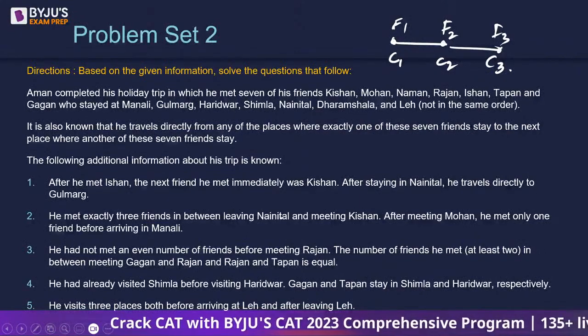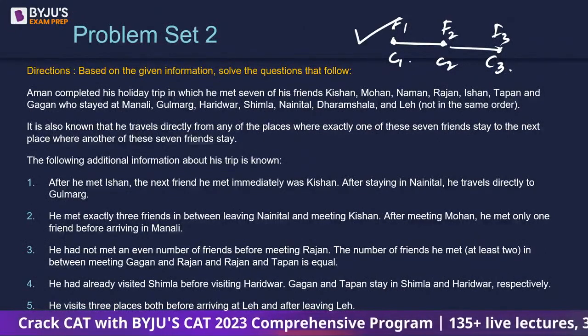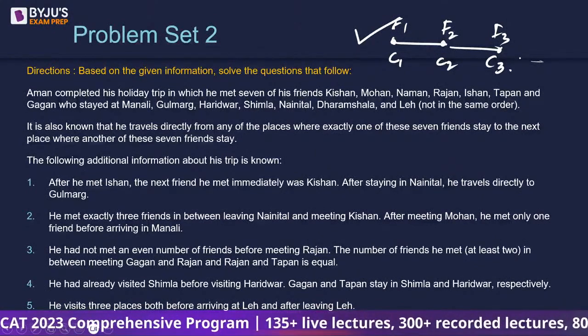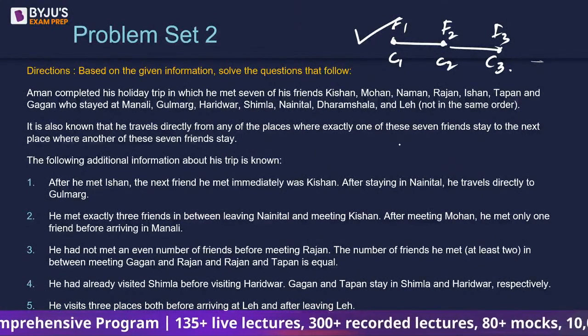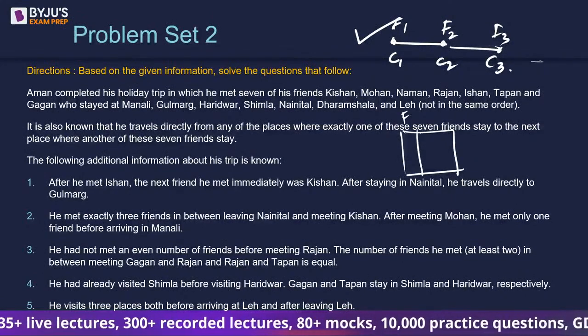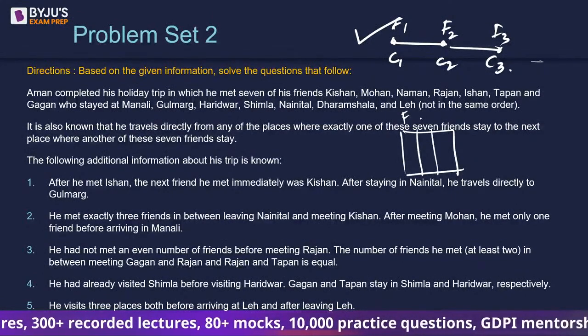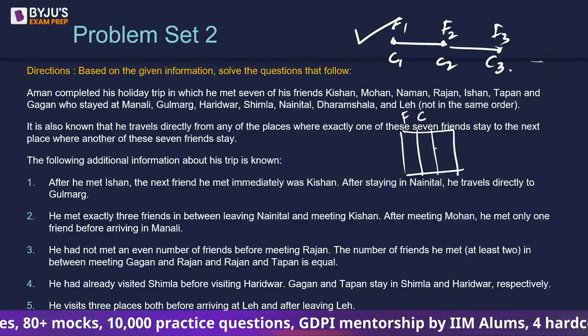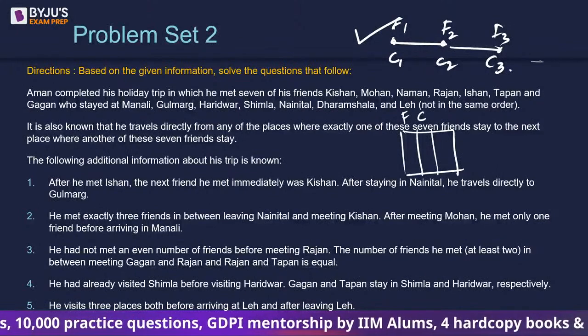So there are 2 ways to solve this. We can write down everything as a timeline like the one that I have drawn, or we can draw a table and we can say that किस friend से मिला, which city did that friend leave, right?